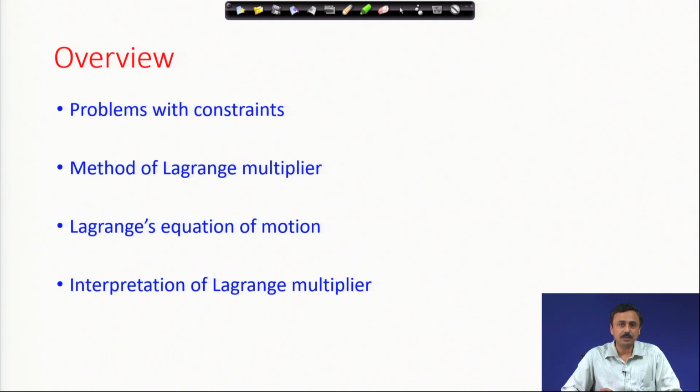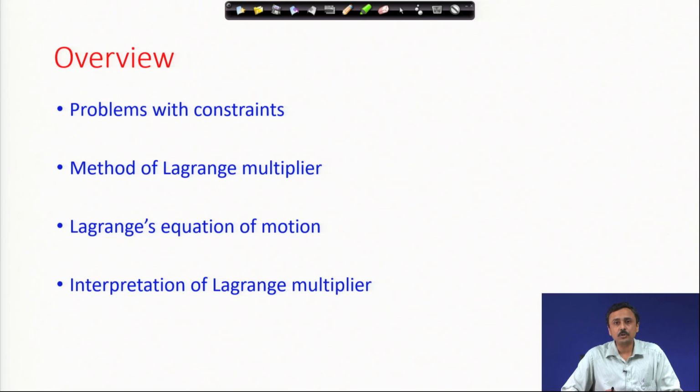Normally, in Lagrange's analytical dynamics, we were not bothered about free body diagrams and internal forces; everything we had bypassed. But in some situations we need to find out certain internal forces, and this approach allows us to selectively determine certain constraint forces or internal forces.